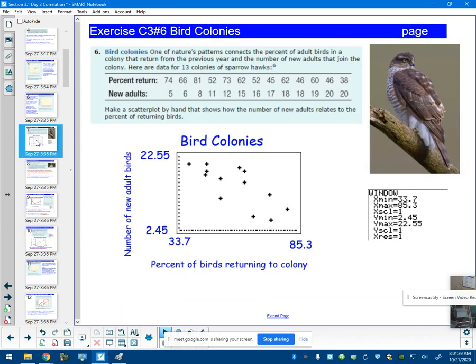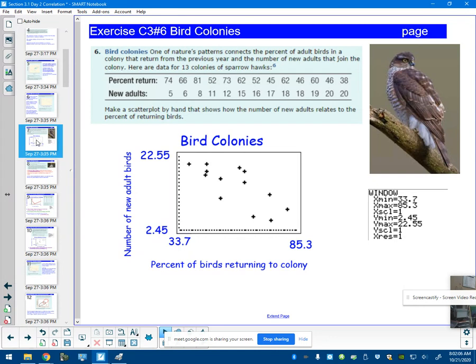And then the other graph you had were these birds. And I don't know if you understood exactly what was happening with these birds that are apparently sparrowhawks. Basically, they have a family, and that family flies together down south and then returns up north. And if some of the older members of the family can't make it or they pass away, then they allow new birds into their family.